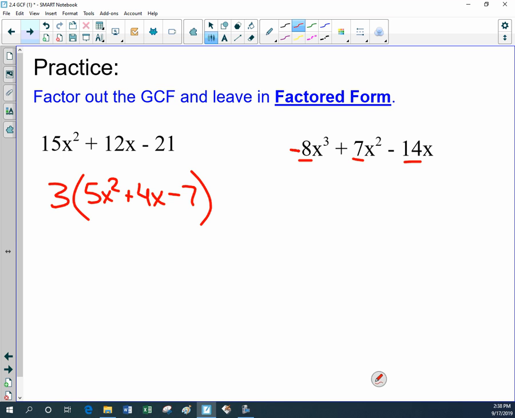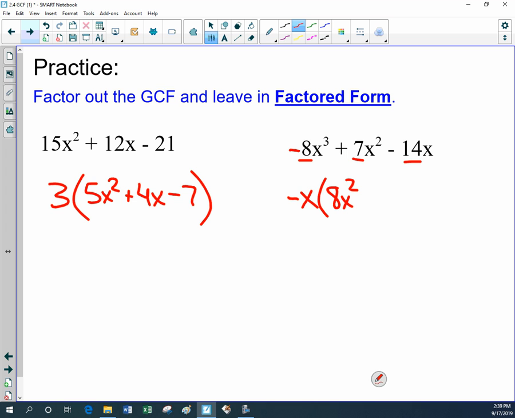Since the first term is negative, we'd factor out the negative, so we're going to factor out a negative x. So when I factor out a negative x out of negative 8x to the third, first of all, it's going to change the negative to a positive. So it's going to be positive 8x squared. I'm taking 1x out.